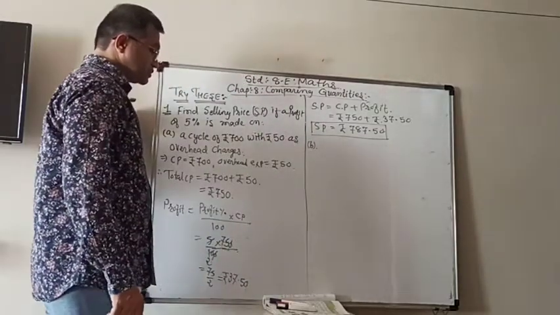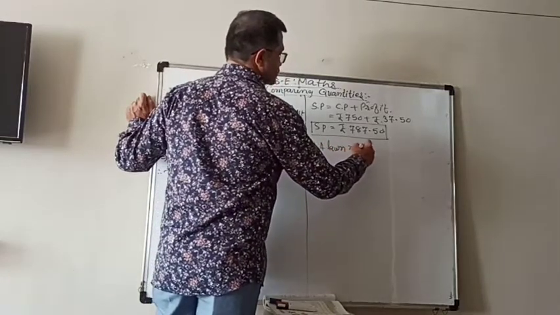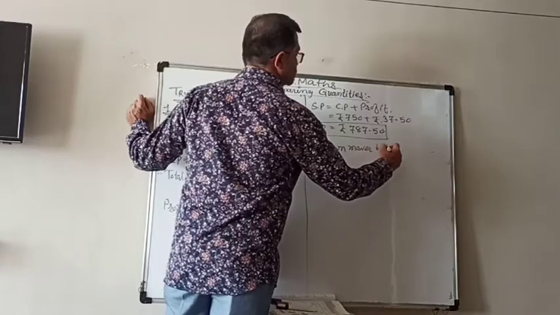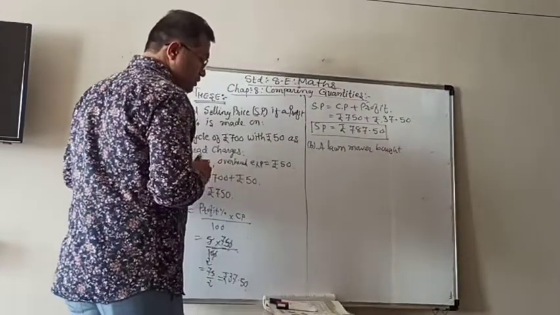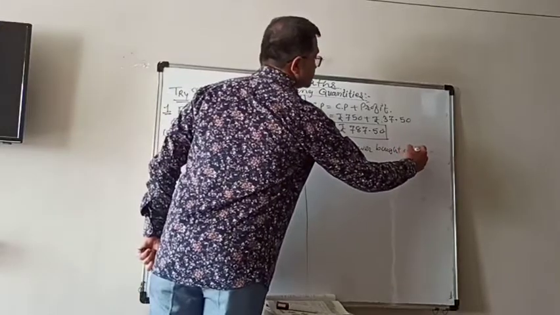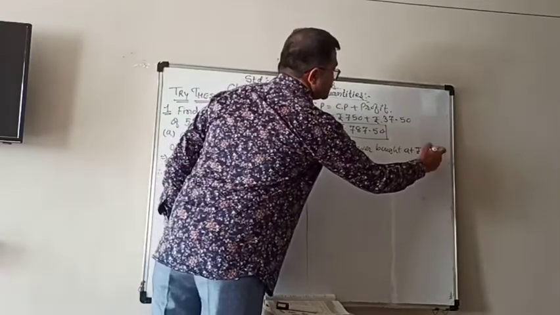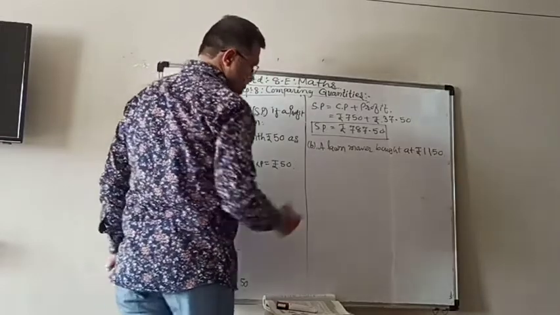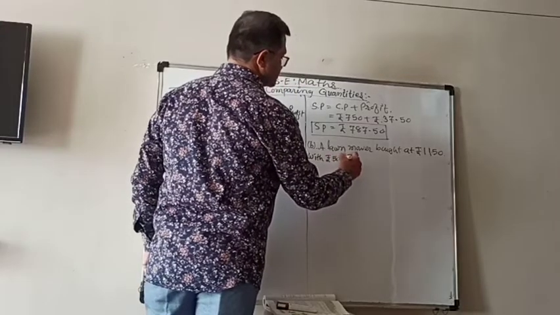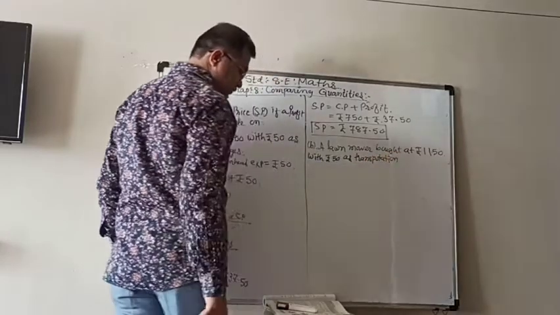Let's take the next. A lawn mower bought at rupees 1150 with rupees 50 as transportation charges.